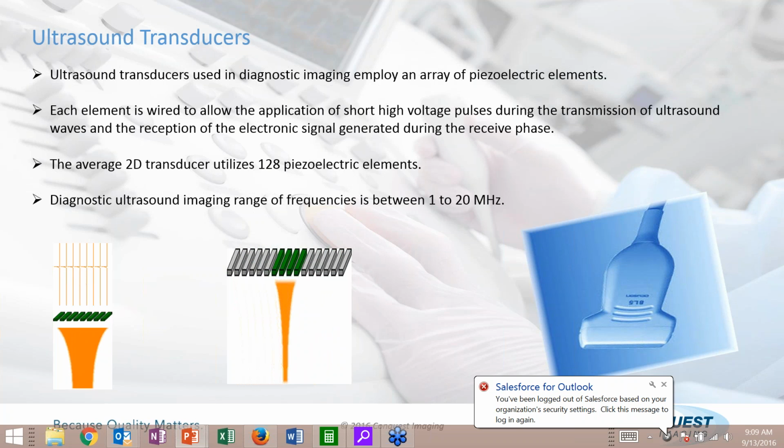The average two-dimensional transducer has 128 piezoelectric elements. And the diagnostic ultrasound imaging range of frequencies is between 1 and 20 megahertz. So if you look at this diagram, basically what we're showing is how an ultrasound transducer is fired.